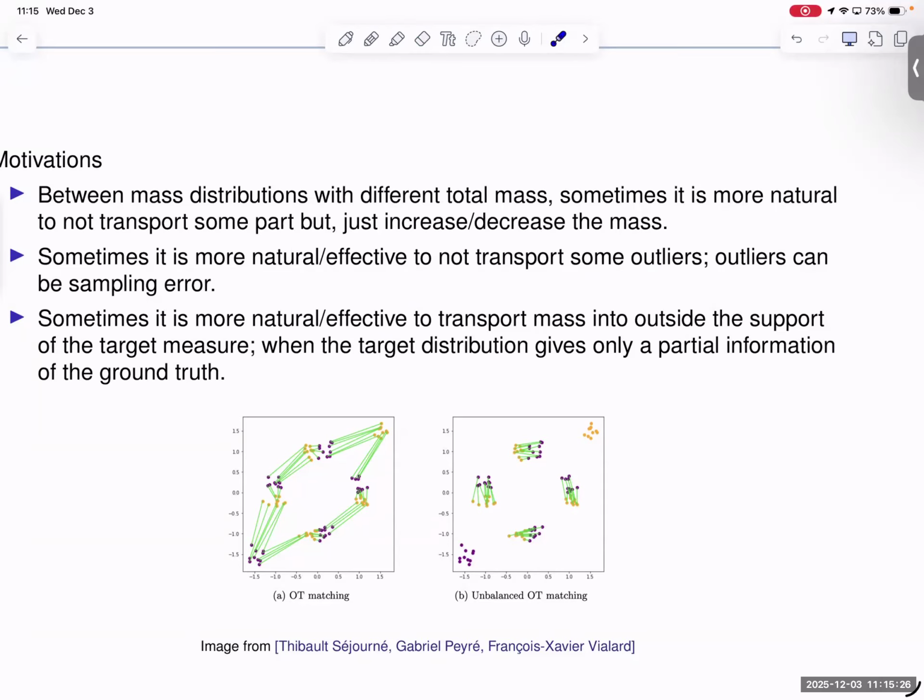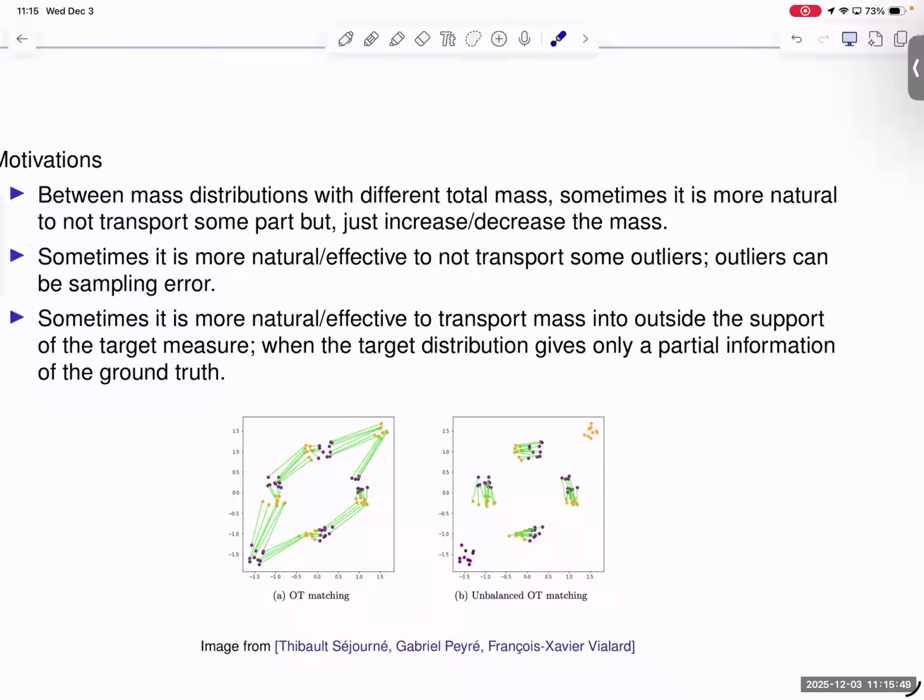Yes. Thinking about unbalanced optimal transport, I think of two situations. Where the source that you are mapping from has more mass than the target measure, and the second situation where the target measure has more mass than the source. So are these two situations both considered, or just one?